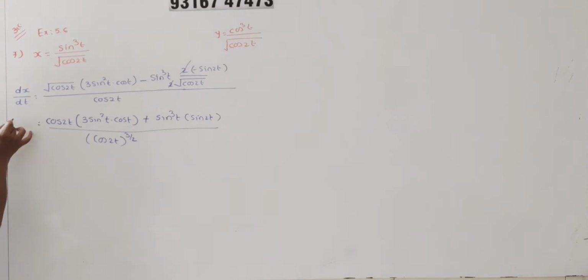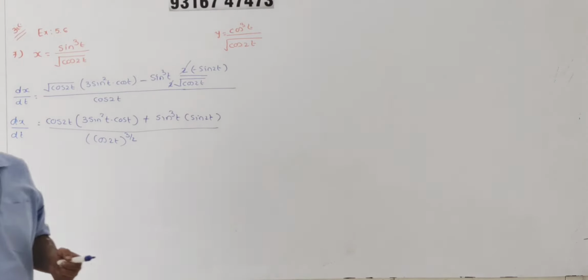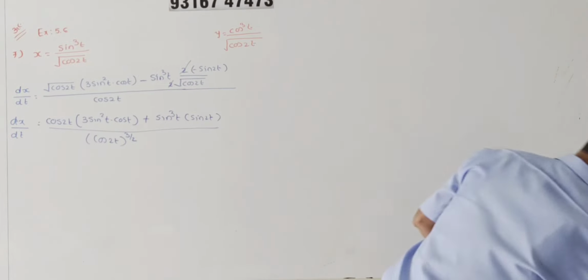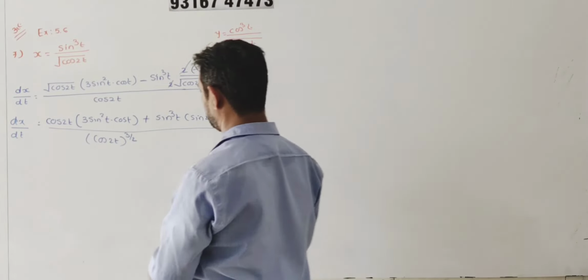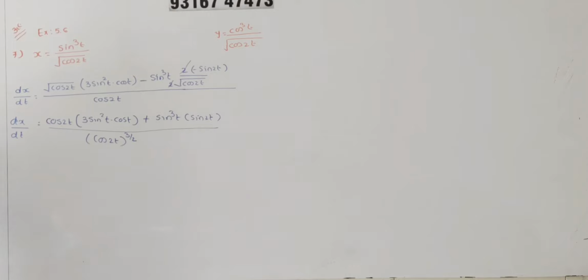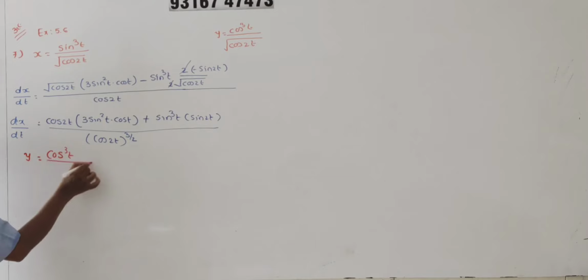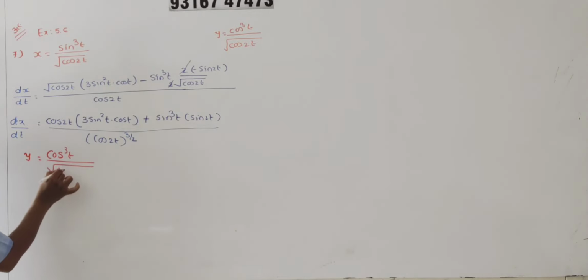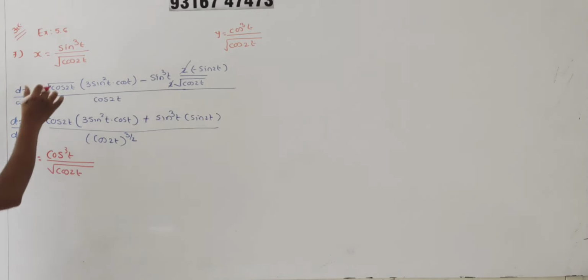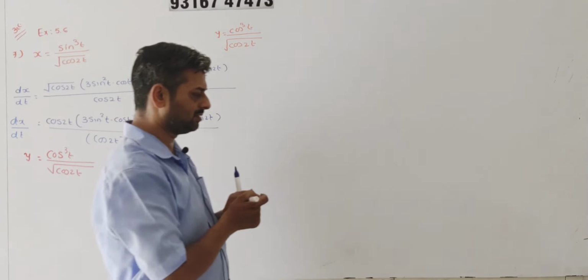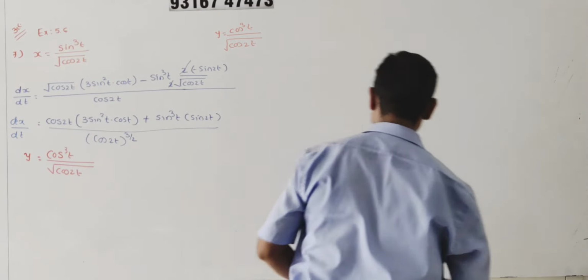Now I will take this y here. So y is equal to cos cube t upon under root cos 2t. In the same way we have to do the derivation, so take care of that.